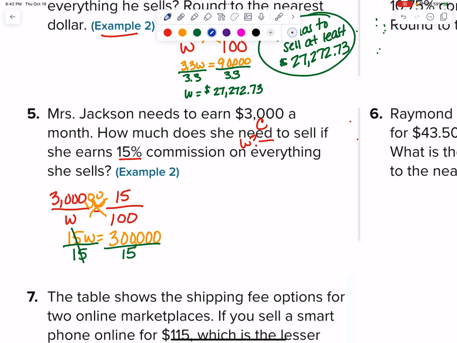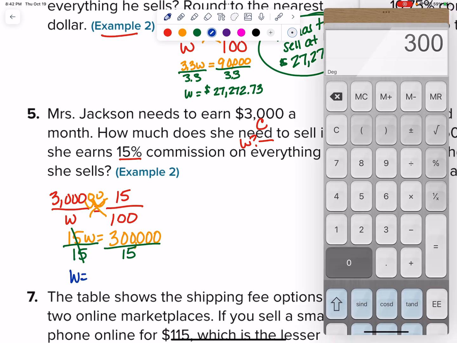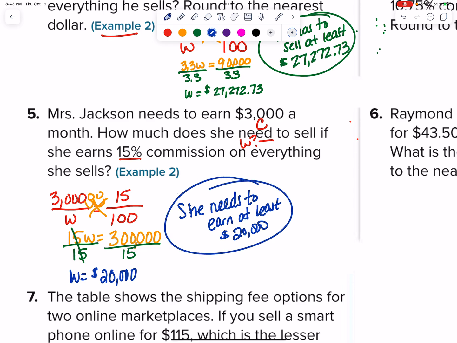So W equals, let's calculate it here, 300,000 divided by 15. Just be careful with your calculator. Make sure you're punching everything in correctly. So he needs to earn at least $20,000. Let's go ahead and write that. Oh, excuse me, it's she. She needs to earn at least $20,000. Okay, and there we go.